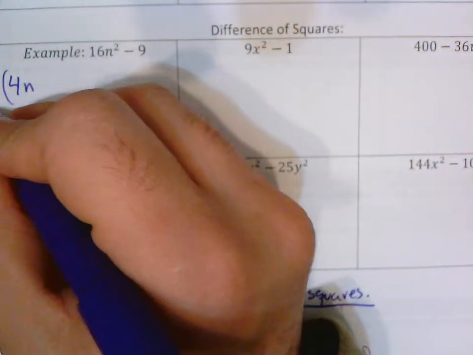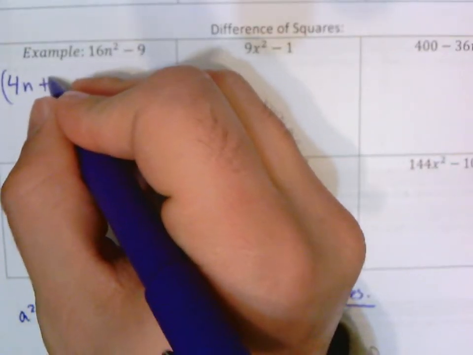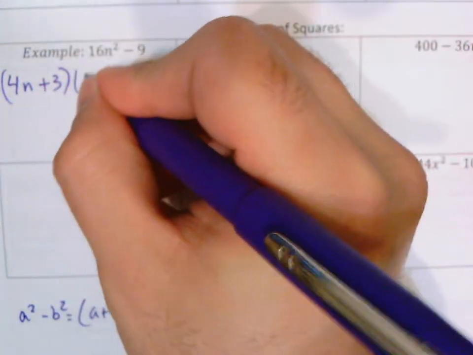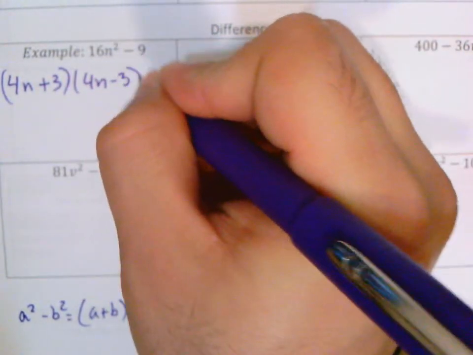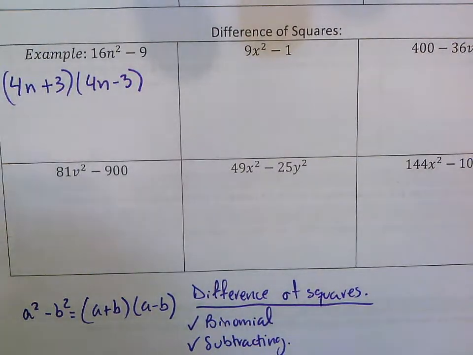So this will be a. And the square root of 9 is 3. So I end up with 4n plus 3 times 4n minus 3. And that's it. I'm finished finding the factors of a difference of squares.